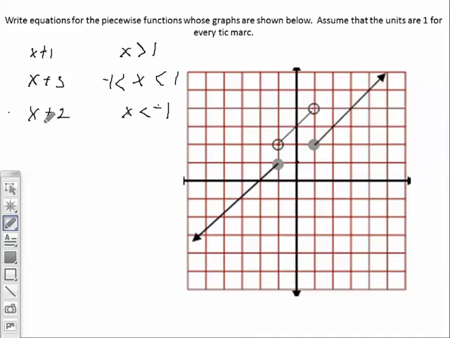Yes. Okay? And that would be my function, my piecewise function. Okay?